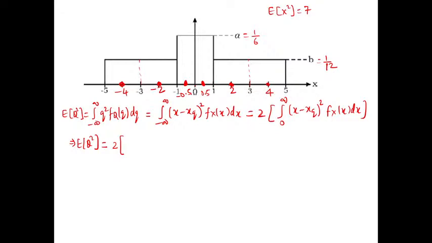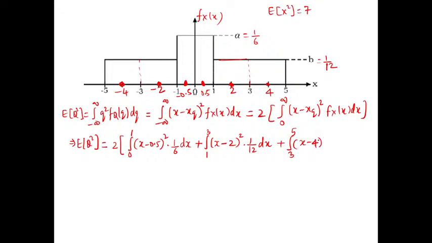The decision boundaries are from 0 to 1, and the value of Q(x) for 0 to 1 is 0.5, and f(x) there is equal to A, which is 1 by 6. So it is the integral of (x minus 0.5) square into 1 by 6 dx, plus from 1 to 3, (x minus 2) whole square, the representation level being 2, into 1 by 12 dx, plus from 3 to 5, (x minus 4) whole square into 1 by 12 dx.